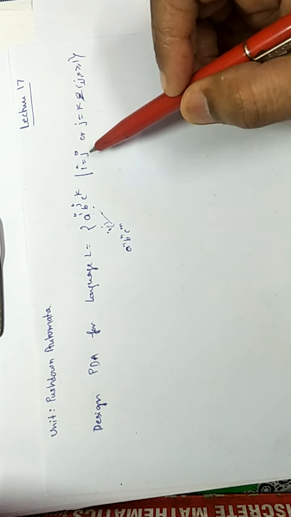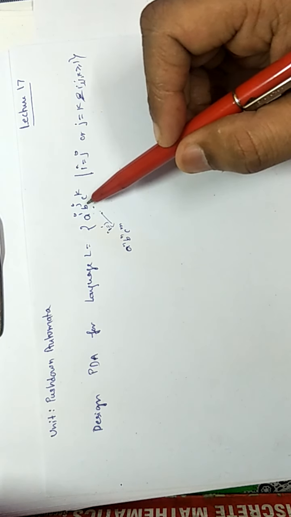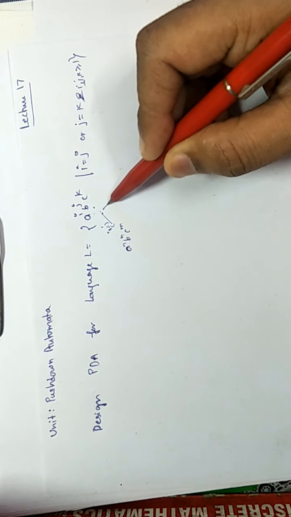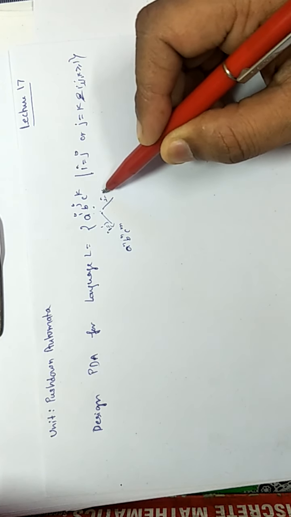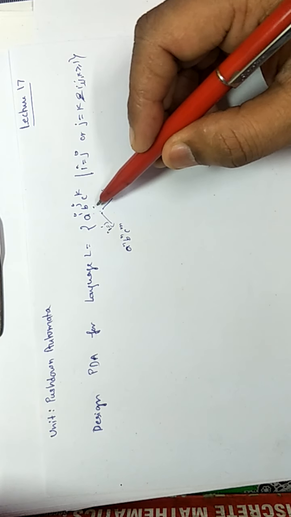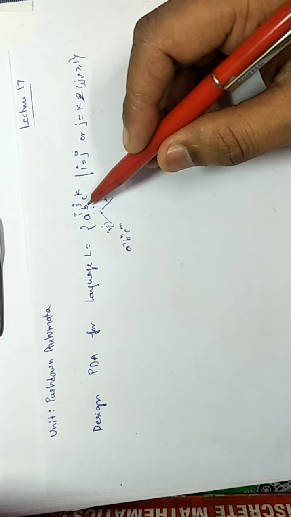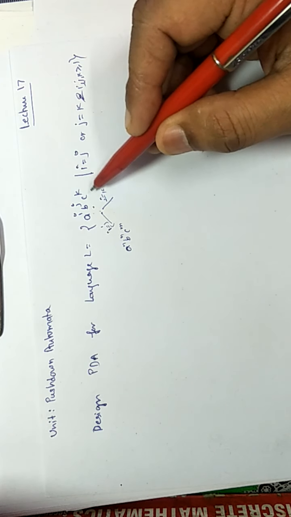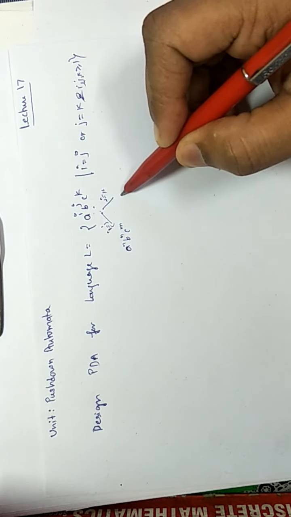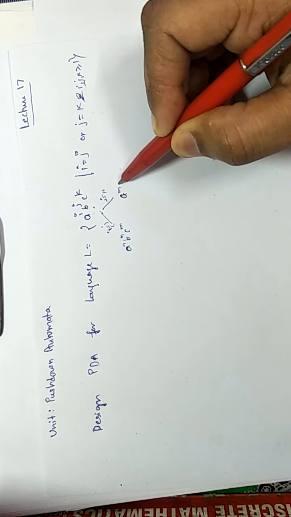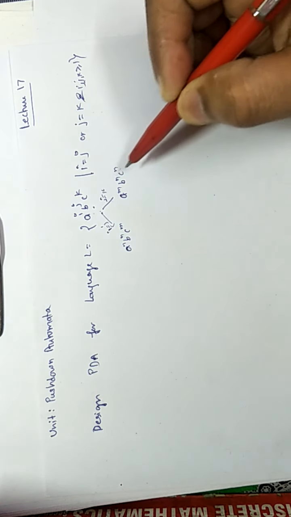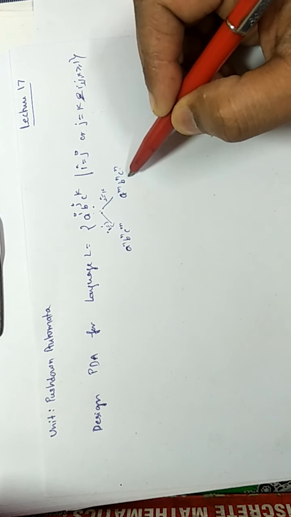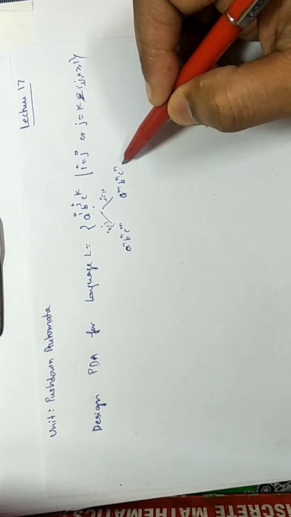In case of i equal to j, we popped a on reading b, and in case of j equal to k, on reading b we pushed b so that we can pop b on reading c. This looks like a^m b^n c^n, where on reading b we pushed b so that we can pop it with the c.